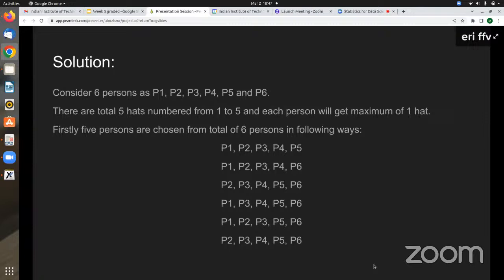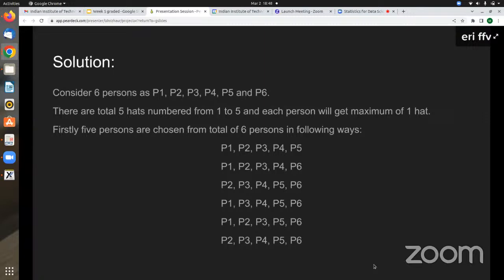So how many ways are there to choose 5 persons? You can see P1, P2, P3, P4, P5, then arranging them like this, I think there are 6 ways, right? If you know a little bit of permutations and combinations, you can definitely say 6P5, right? Not 6P5, it is 6C5, selecting 5 persons out of the 6.